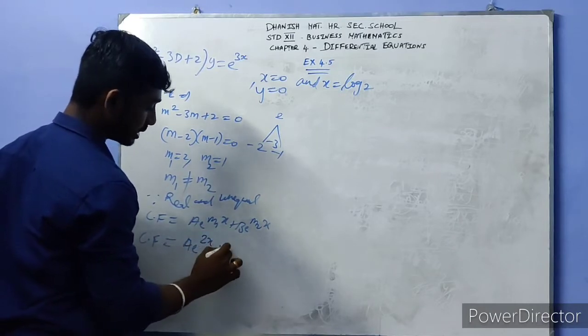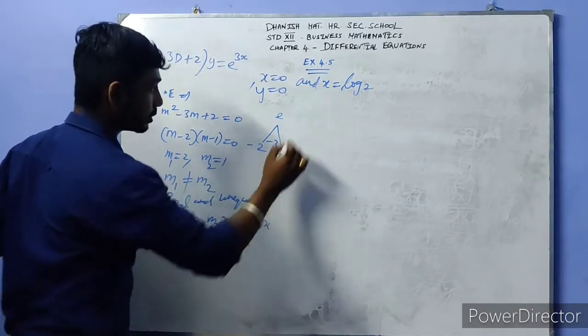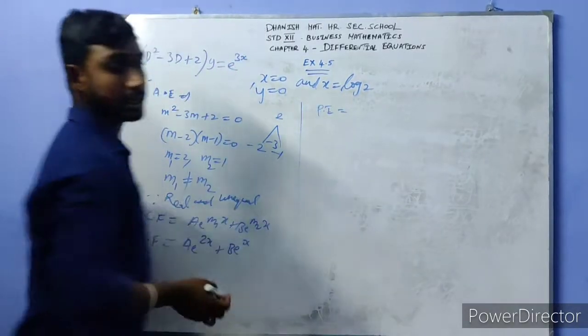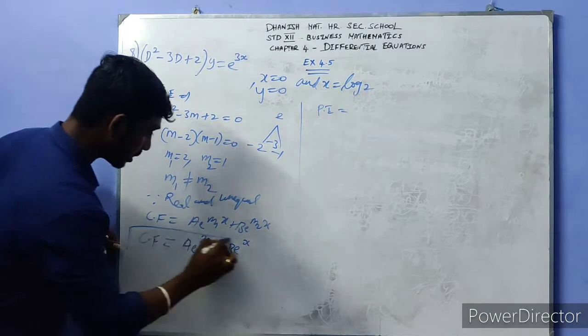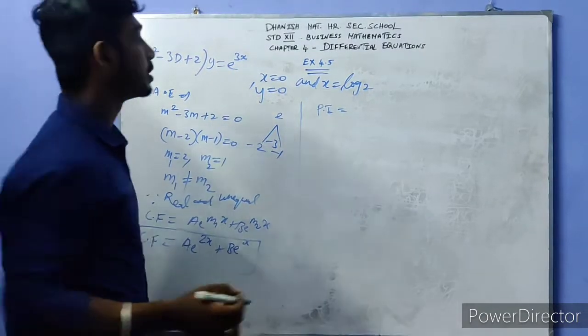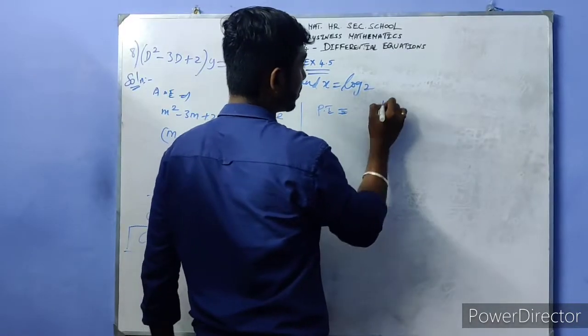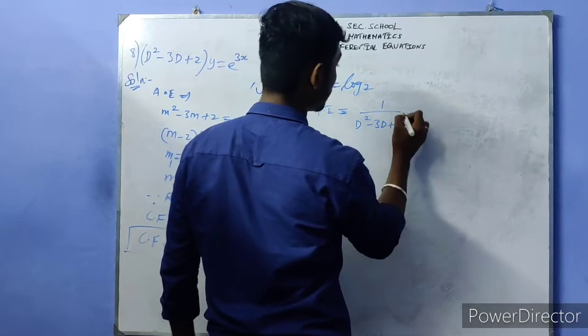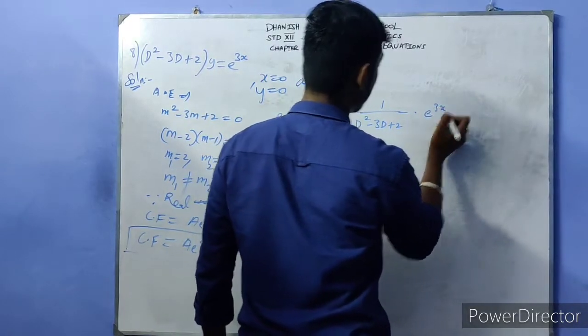That is 2x plus b e power x. Then we are going to find the particular integral. Because the RHS is given in exponential form, we find the particular integral. That will be 1 divided by D square minus 3D plus 2 into e power 3x here.